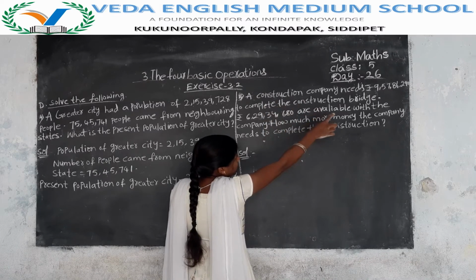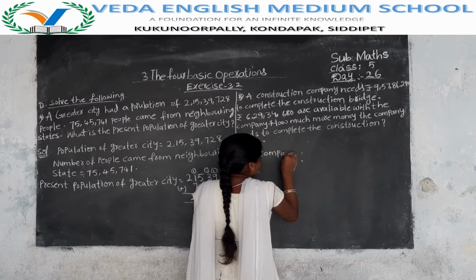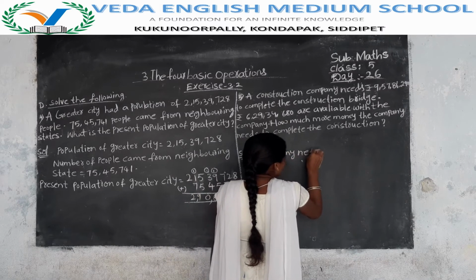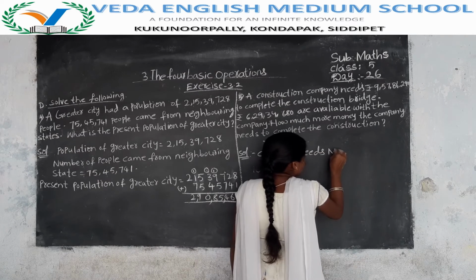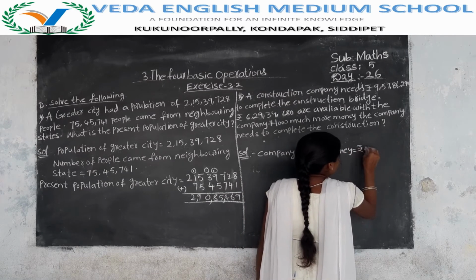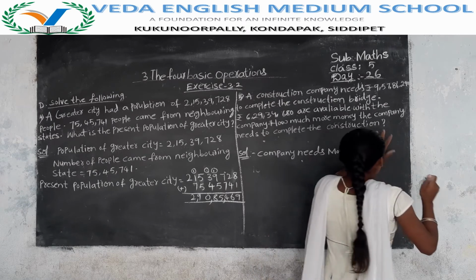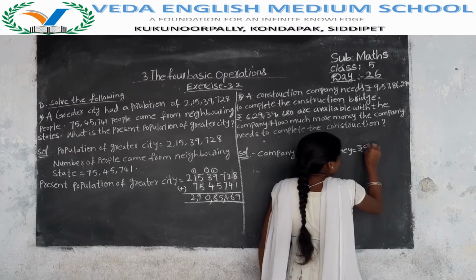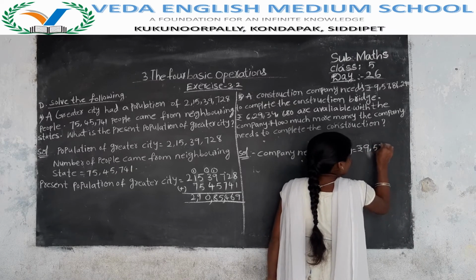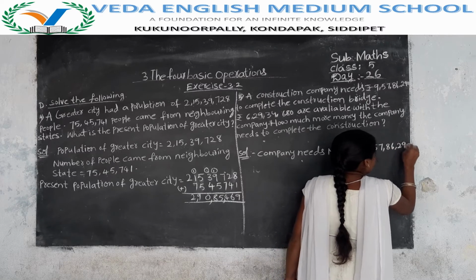A construction company needs money equal to rupees 9 crore 57 lakh 86,290.